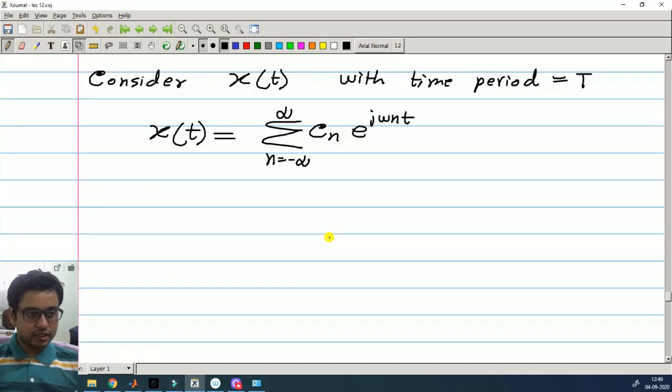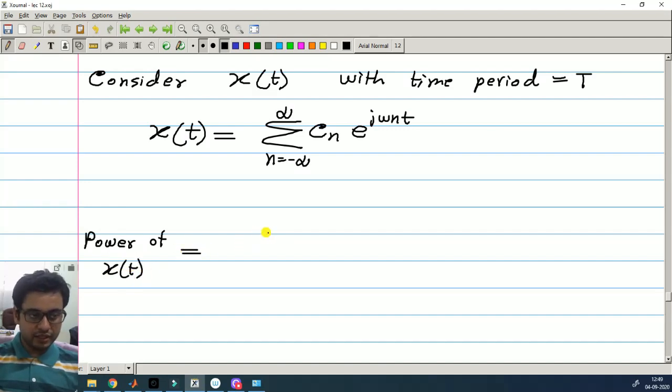Now the power, as you may recall, for a periodic signal is given as x(t) squared integrated over a complete cycle divided by the time period.